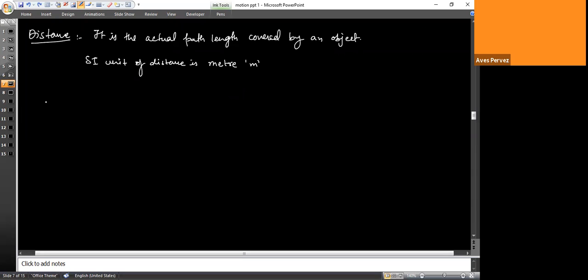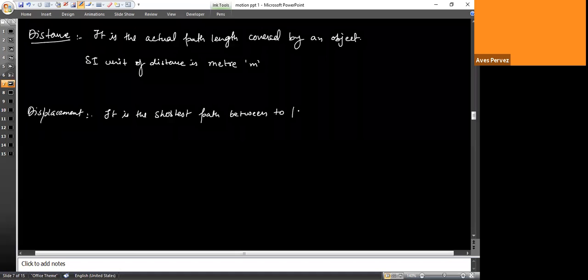Similarly, displacement is the shortest path between the initial and final positions.